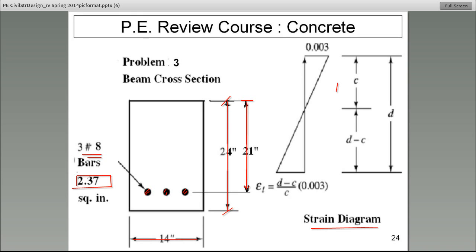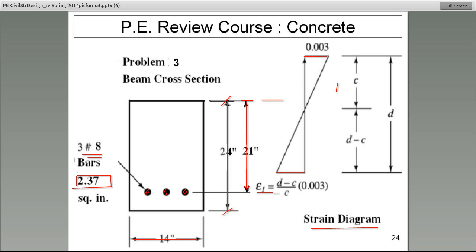One thing I want you to do so you will understand this relationship: the 0.003 should be here. 0.003 is what happens at the top of the concrete, and this line should be located where the steel is.